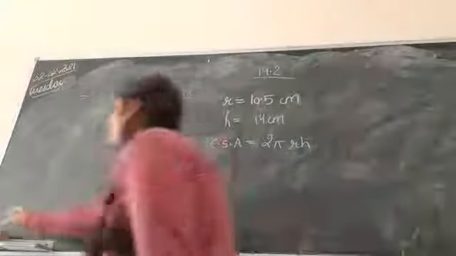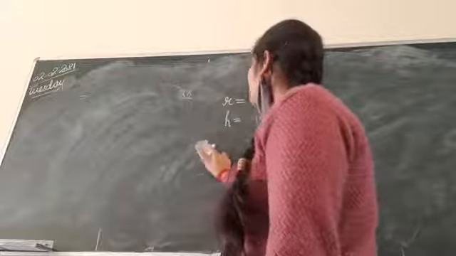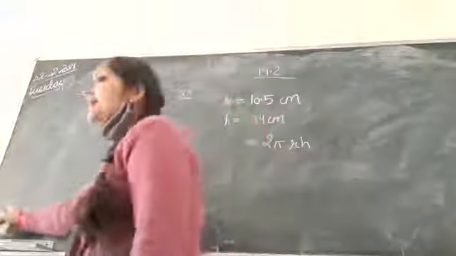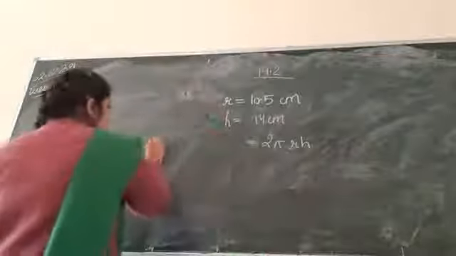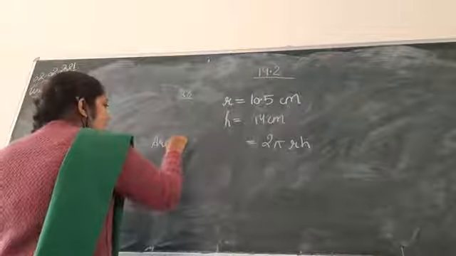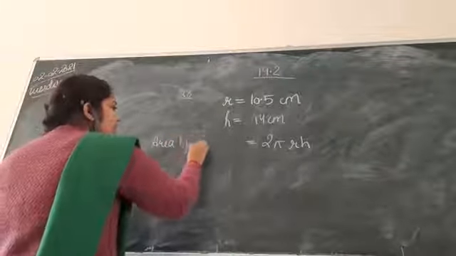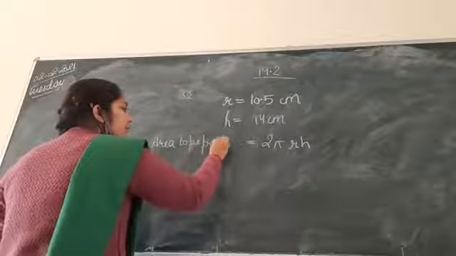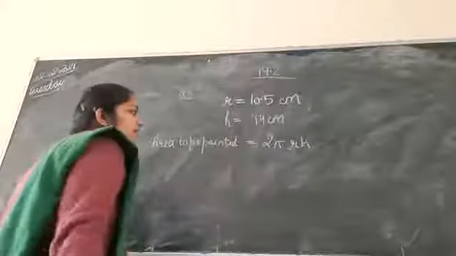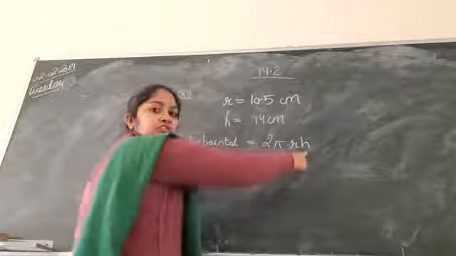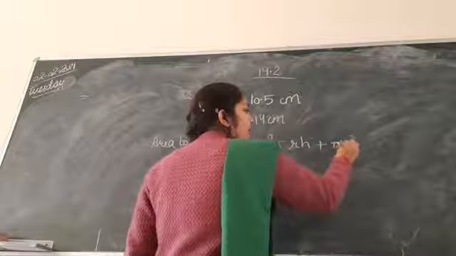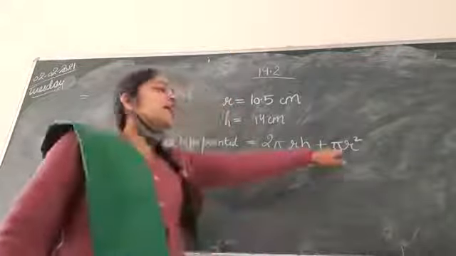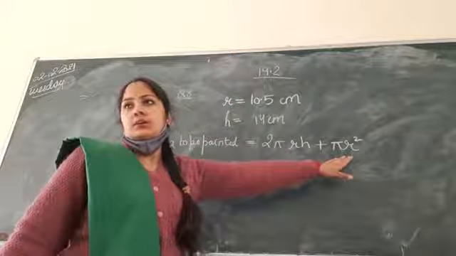Okay, then we will not write here curved surface area, we will write here area to be painted, and that is equal to 2 pi rh, which is your curved surface area, plus pi r square, that is the area of circle, right?